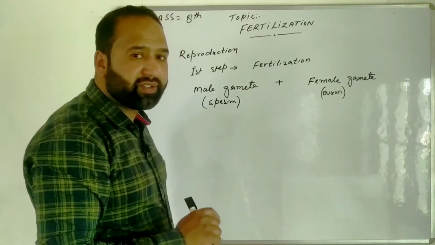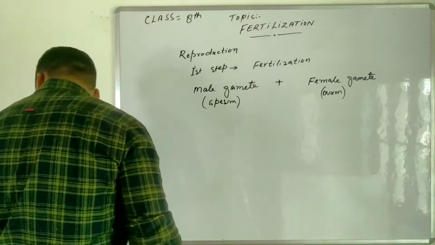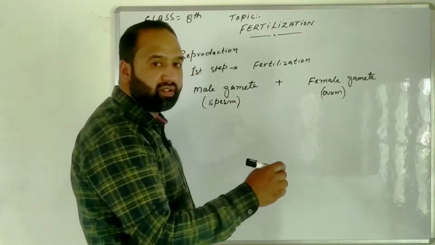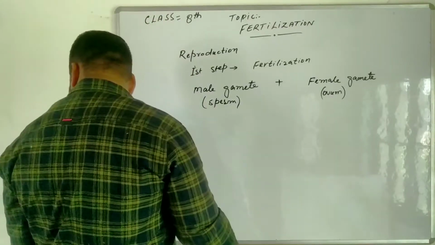When there occurs fusion of male and female gametes, it results in the formation of a single body that we call a zygote.